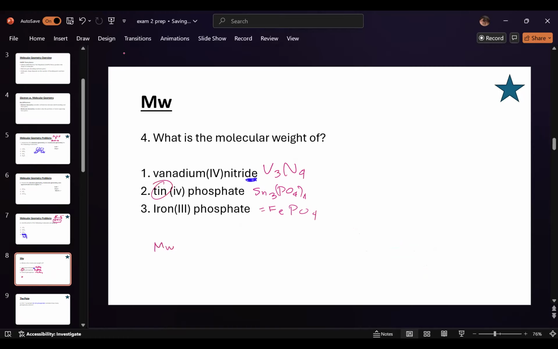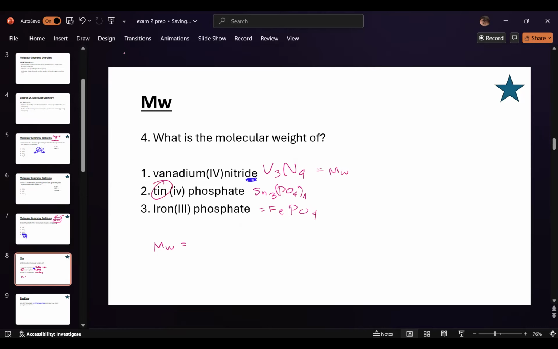Now to do the actual math of calculating the MW. MW is just the sum of every atom that you have present in your molecule. I am not going to go through all of them, that will take too long, but I can go over how to do it.